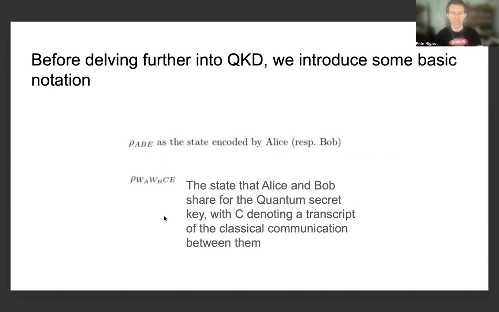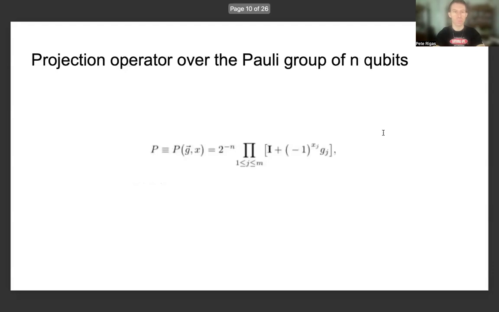And also, like we've been describing in the decomposition for the reduced density state twiddle rho of WAWBCE, just without taking the reduced density state, rho of WAWBCE denotes the state that Alice and Bob share for the quantum secret key, with C denoting a transcript of the classical communication between them that they use to make and to construct their shared secret key, which is drawn uniformly at random from the quantum key distribution.